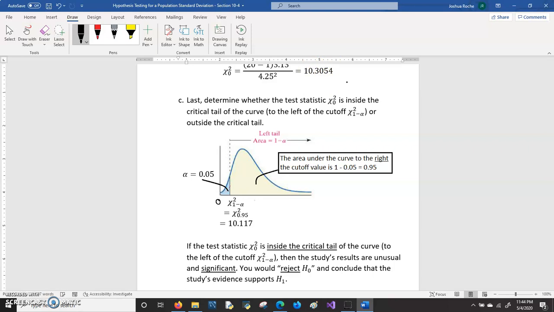This is 0 on the very end of the chi-square distribution, and then it increases from here. So 10.3054 is right outside that tail. It's just to the right of 10.117.